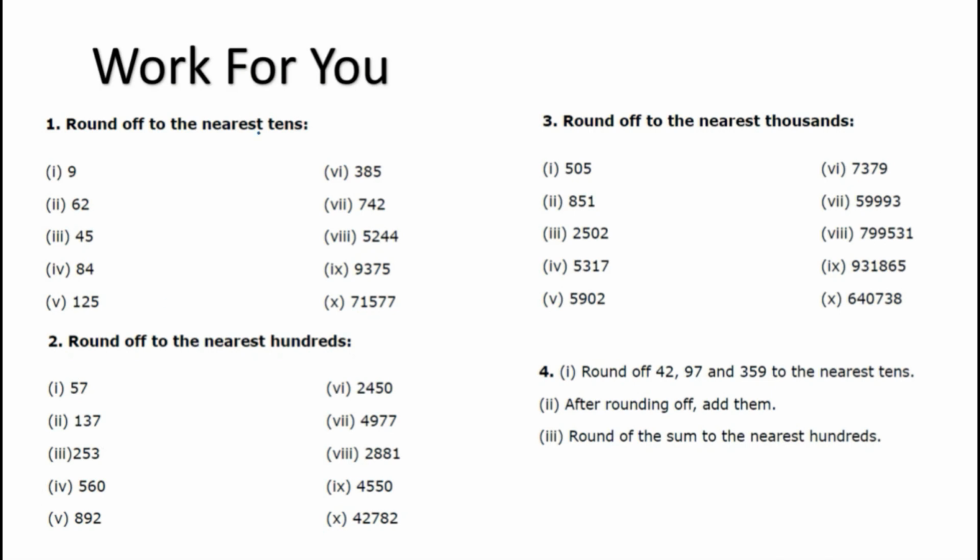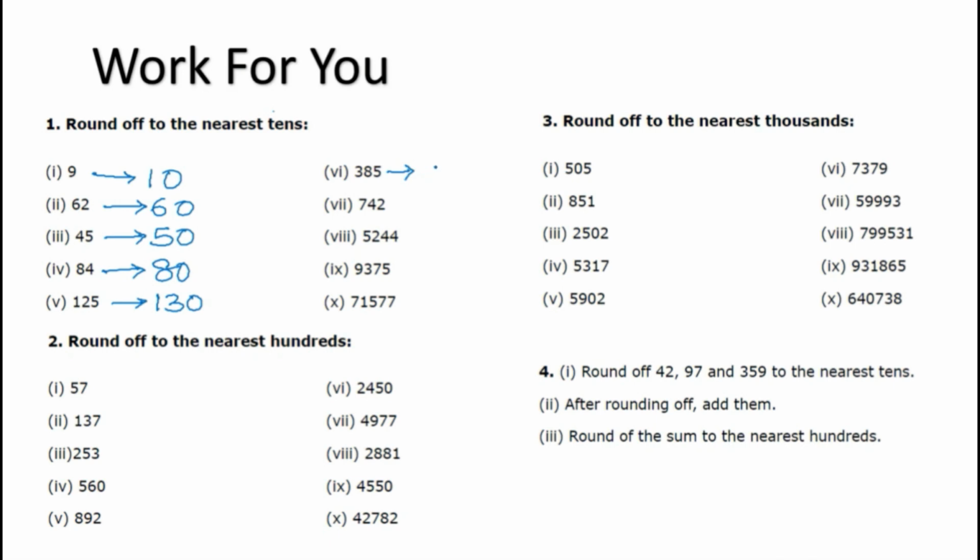When you round off 9 to the nearest 10, it becomes 10. 62, the round off will be 60. 45 will be 50 because the units place is having the digit 5. 84 is 80. 125, the rounded off number is 130.